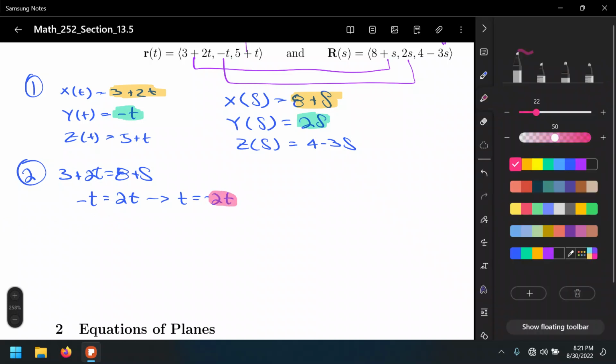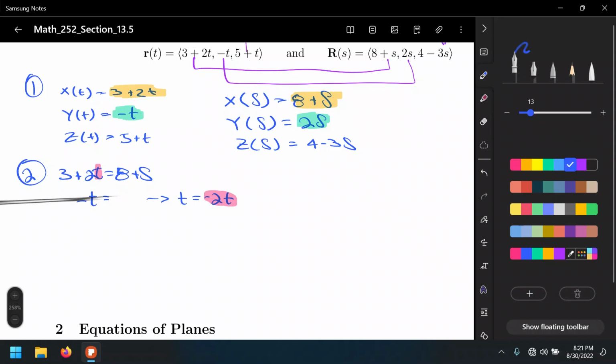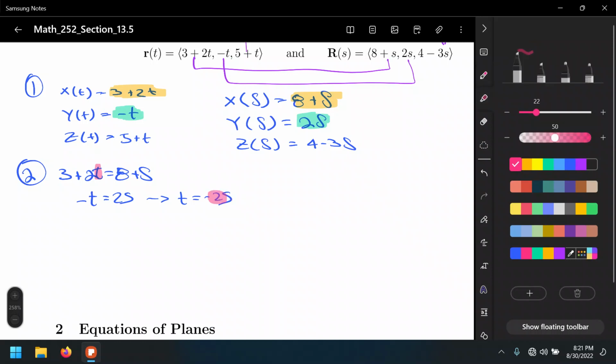I'm going to substitute this negative 2s right here, where it corresponds for t. All right, so let me go about that.